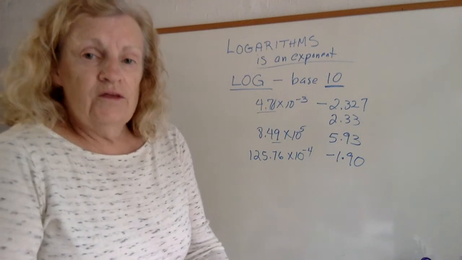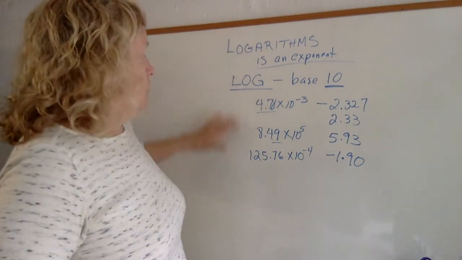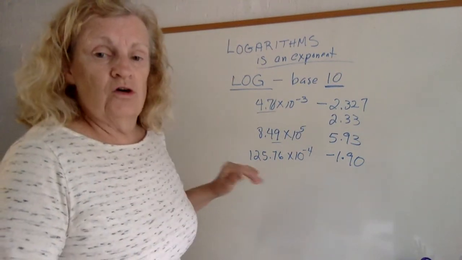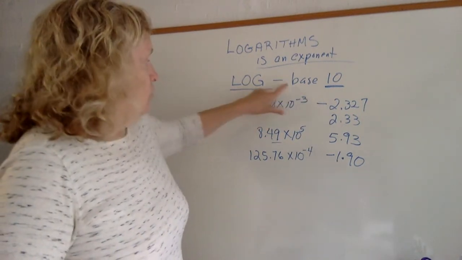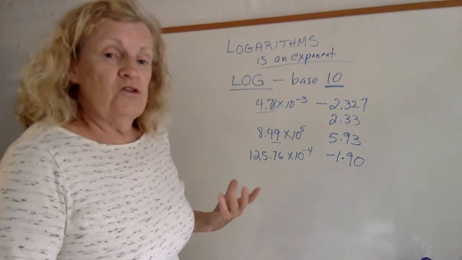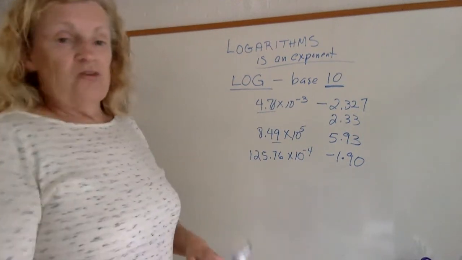So this quick introduction to logarithms is designed to show you the steps that you need to take in order to calculate the log. Now, how does this relate to acids and bases?